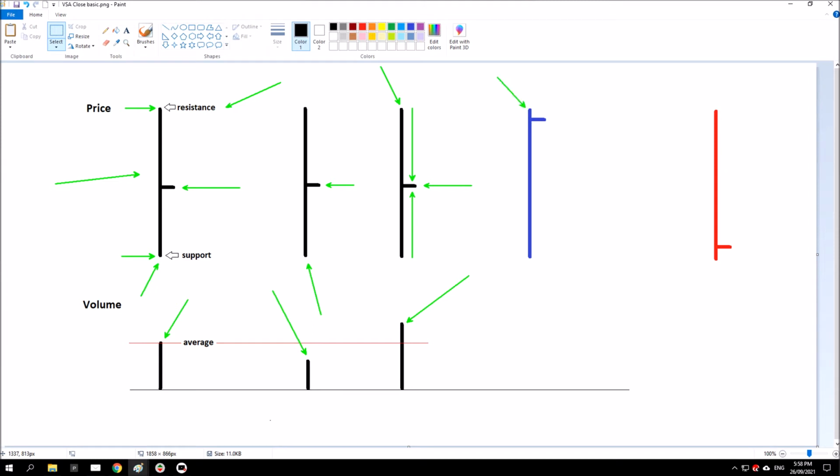If you have a bar where the close is up near the high of the bar and volume is average or higher, you can generally take it that, all things being equal, the buyers gained the upper hand and closed the market higher. Demand was stronger than supply.